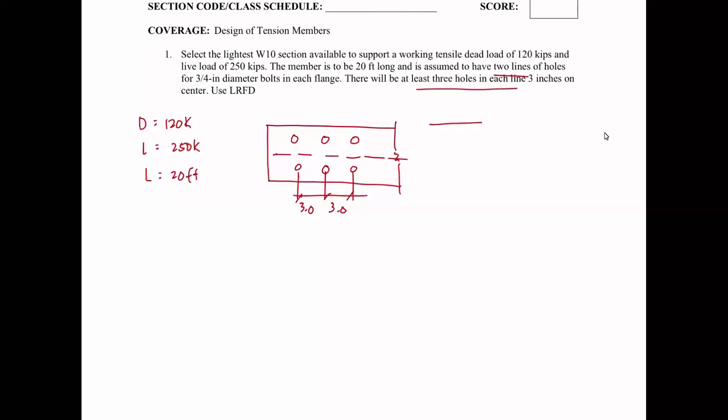In cross section, this is a possible look of our W flange. It has two lines of bolts here, and the side view can be like this.